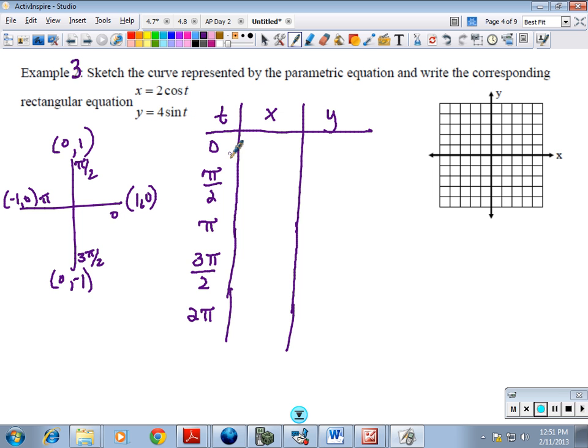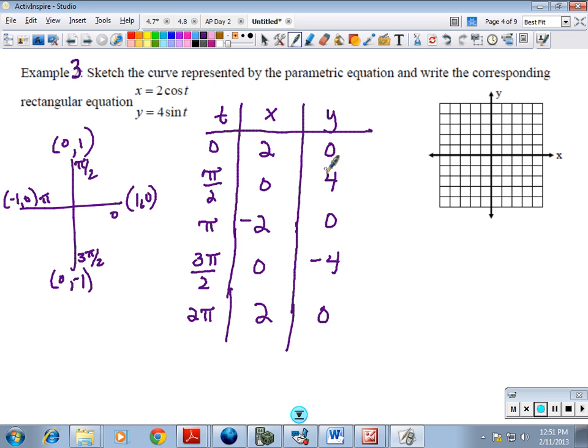Okay, so if I pick 0, 2 cosine of t, and I'm just going to go ahead and give you these values. You can plug them in if you need to, but I am running out of time here. Okay, and I'll just do one of them. If I plug in a 0, 2 times cosine of 0 is 1 times 2 is 2, and so on and so forth.